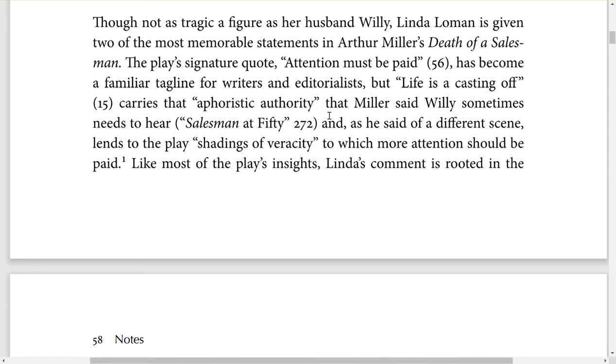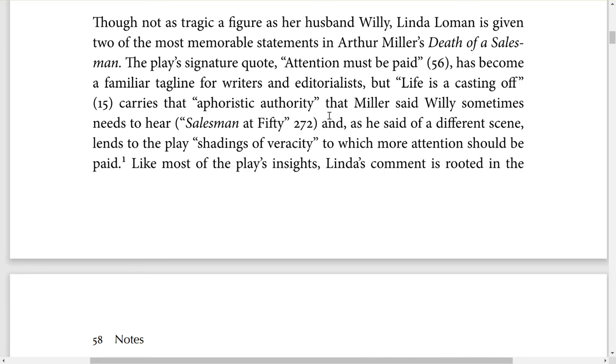Look at here. "Though not as tragic a figure as her husband Willy, Linda Loman is given two of the most memorable statements in Arthur Miller's Death of a Salesman." So, just telling us that Linda is given these memorable statements, showing that we want to talk about these statements.